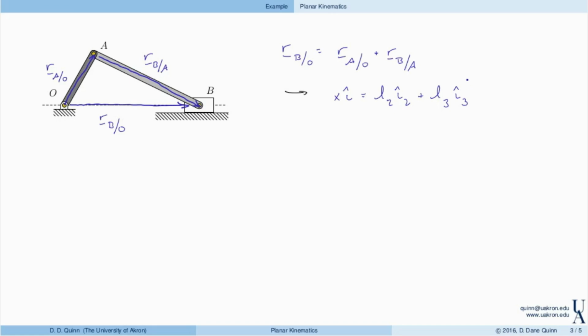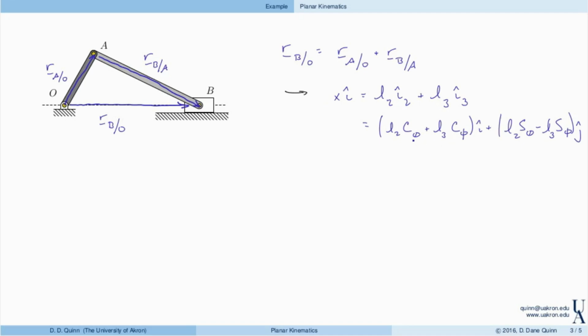And of course, I can write I2 and I3 in terms of I and J. So we have L2 cosine of theta plus L3 cosine of phi in the I direction plus L2 sine of theta minus L3 sine of phi in the j direction, and that must be equal to x in the I direction.